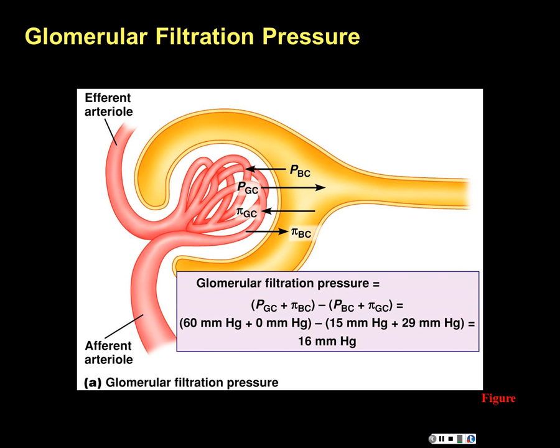In addition, we're separating liquid from proteins and cells, so we're also creating an osmotic gradient. By natural osmosis, this high concentration of water wants to go back where? It wants to go where? It goes to the lower gradient where there's less of it, in the glomerulus.